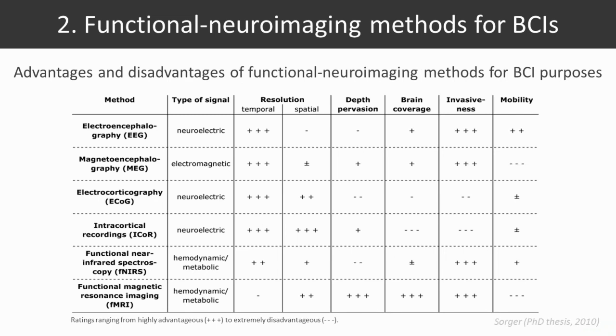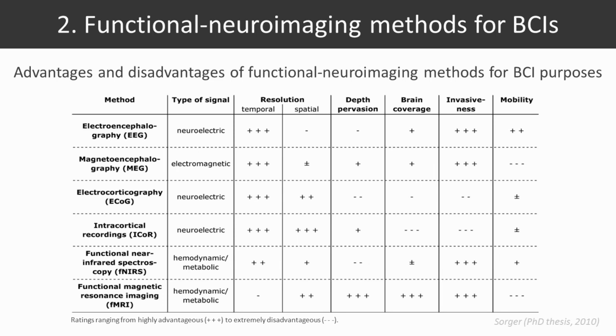So now let's focus on the advantages and disadvantages of various functional neuroimaging methods in the context of BCI. Actually, in these tables, these pros and cons are listed with respect to several dimensions, and these I would like to introduce to you first.